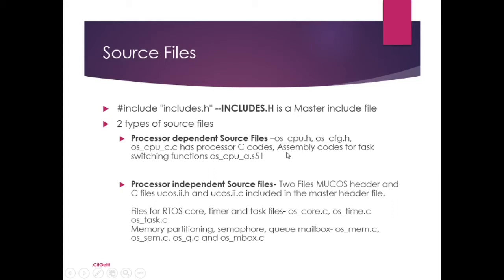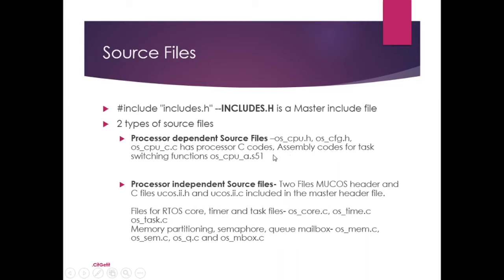For 8086 it will be like this, unsigned integer. For 8051 there will be bit type data types. So according to the change in processor, the values of os_cpu.h also will change, and os_cpu_c.c will have the processor specific C code.